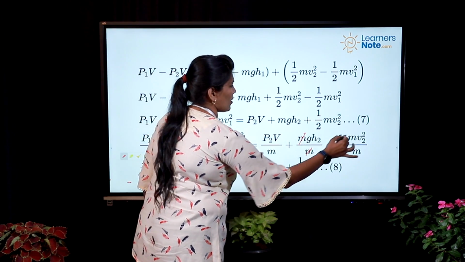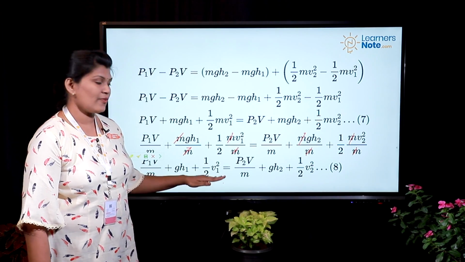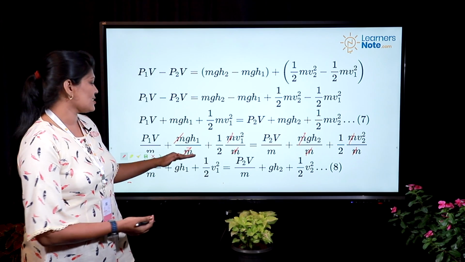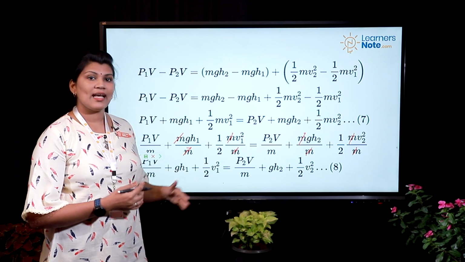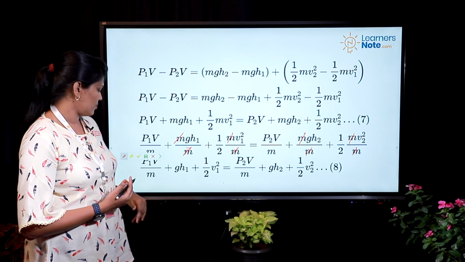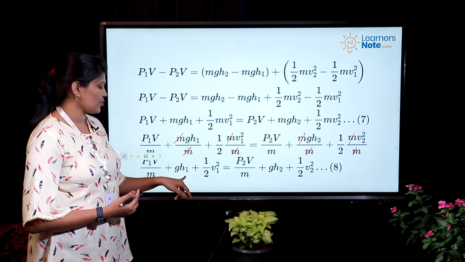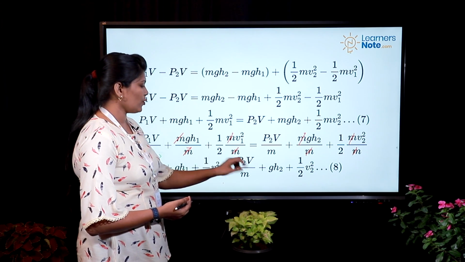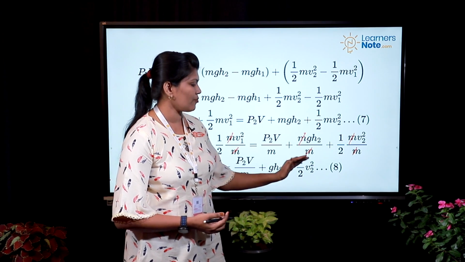This will be the representation after cancelling all m values. So P1V divided by m plus gh1 plus half v1 square is equal to P2V by m plus gh2 plus half v2 square.